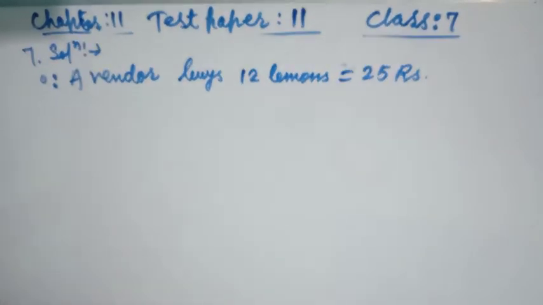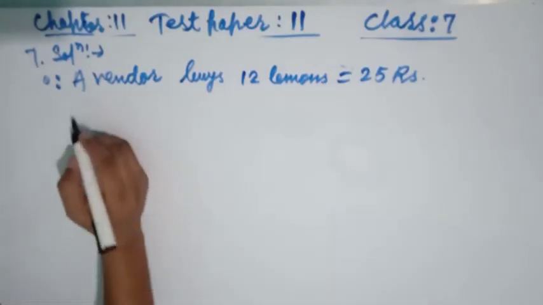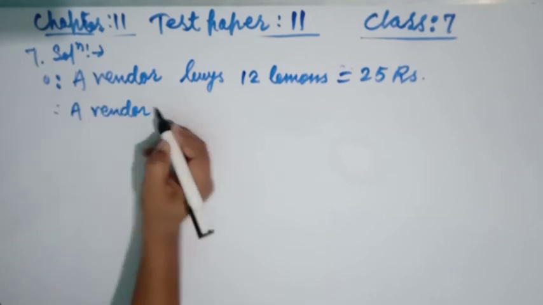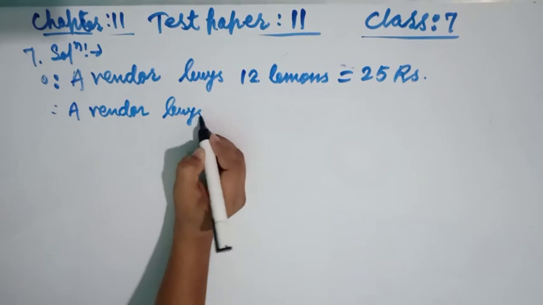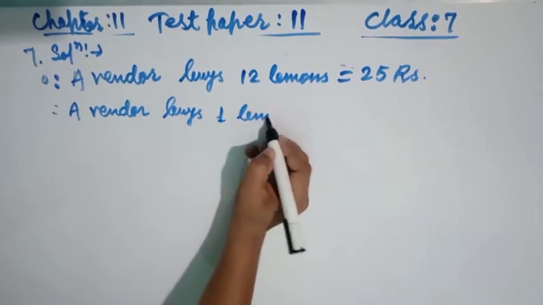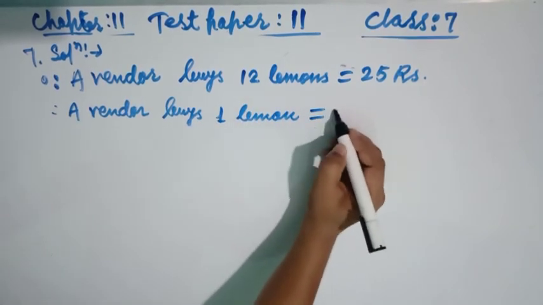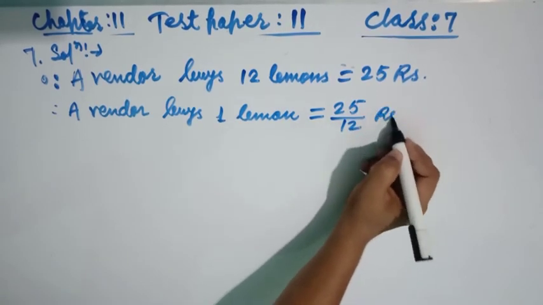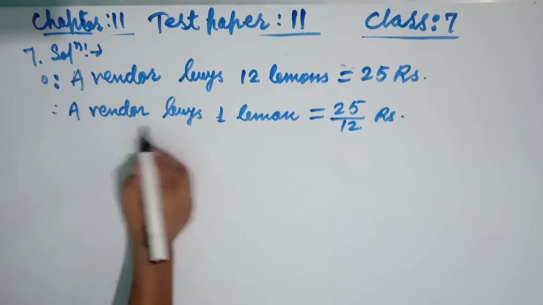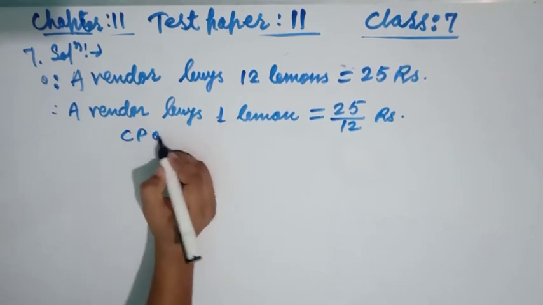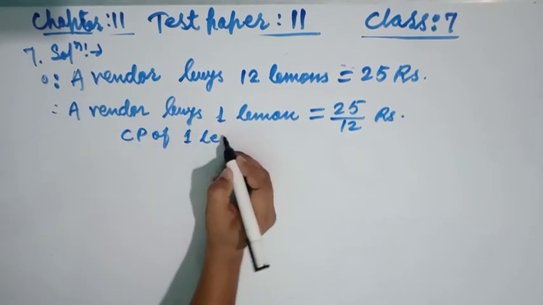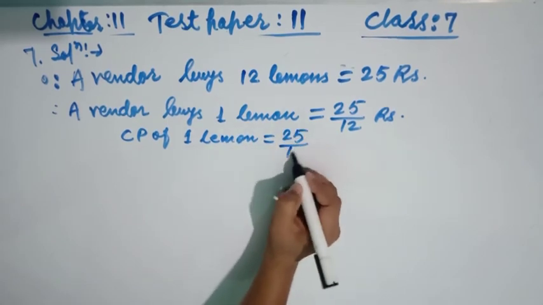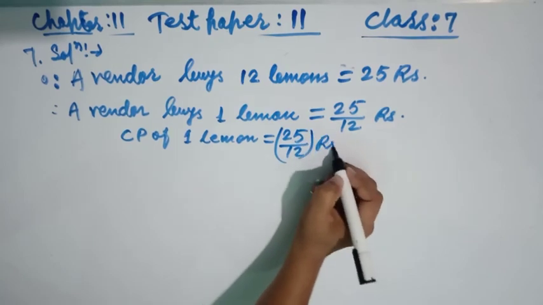Therefore a vendor buys 1 lemon for 25 divided by 12 rupees. So we can say, friends, this is the CP. Buy means CP. So the CP of 1 lemon is equal to 25 by 12.